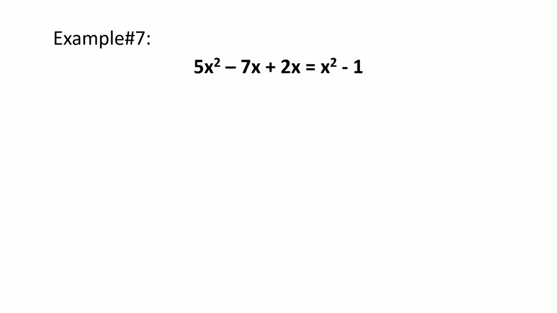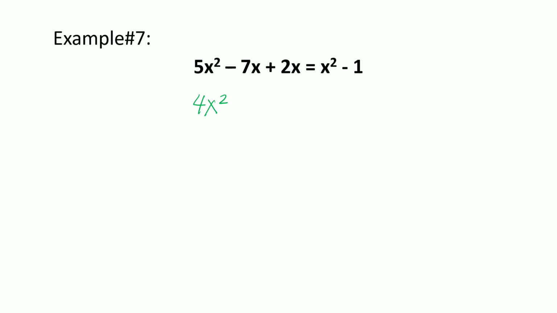Okay, how about this one? Again, always remember that the quadratic equation, before using the quadratic formula, should be in standard form. So let's try to put everything on the left side, combining like terms. With 5x squared and x squared from the right side, transposing x squared to the left side, we will have 4x squared.